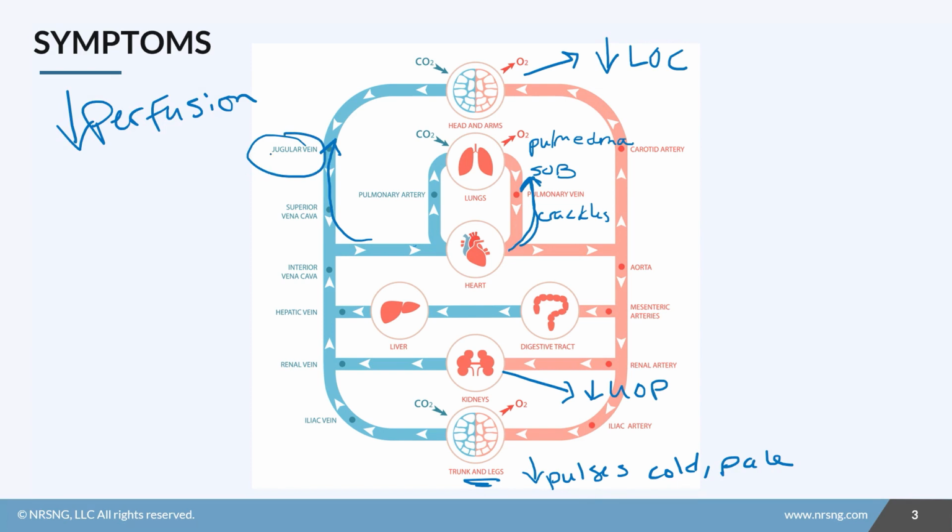We get jugular vein distension, JVD, right? So back up into the body, back up into the lungs, decreased perfusion to the brain, the kidneys, the skin. All of those things are your signs of heart failure. And so with cardiogenic shock, it's like extreme heart failure. So keep that in mind as we go forward.